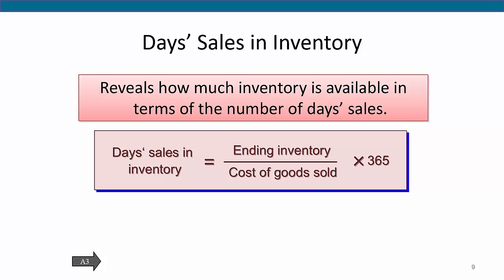Now notice that the days sales in inventory focuses on ending inventory and it estimates how many days it will take to convert inventory at the end of a period into accounts receivable or cash. Days sales in inventory focuses on ending inventory, where inventory turnover focuses on average inventory.